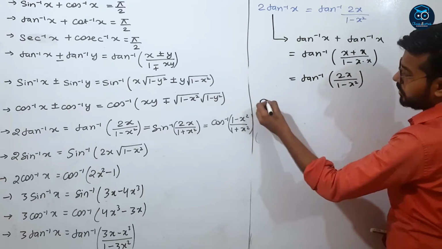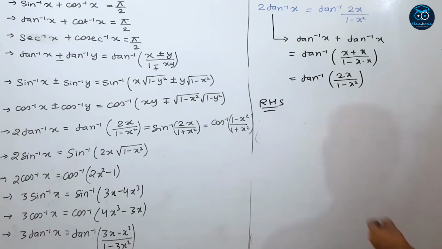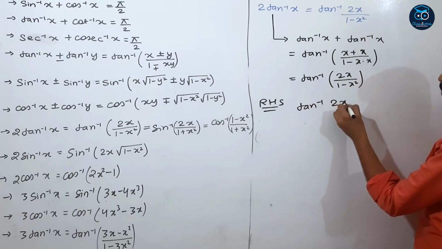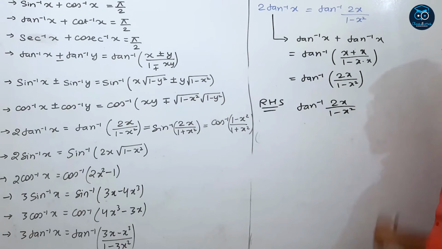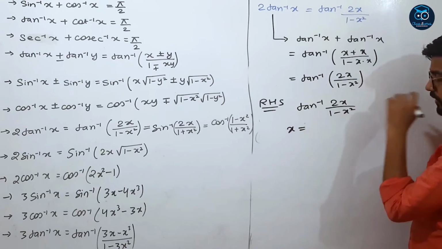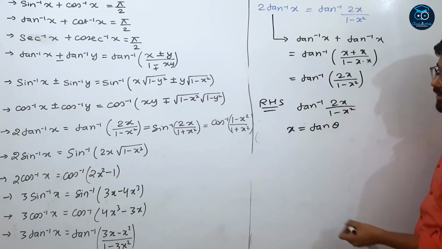If you simplify, you will get 2x upon 1 minus x square. This is the first method, and the second method is you take the RHS part, that is tan inverse of 2x upon 1 minus x square. Now you have to simplify this. For this we can assume x equals tan theta.